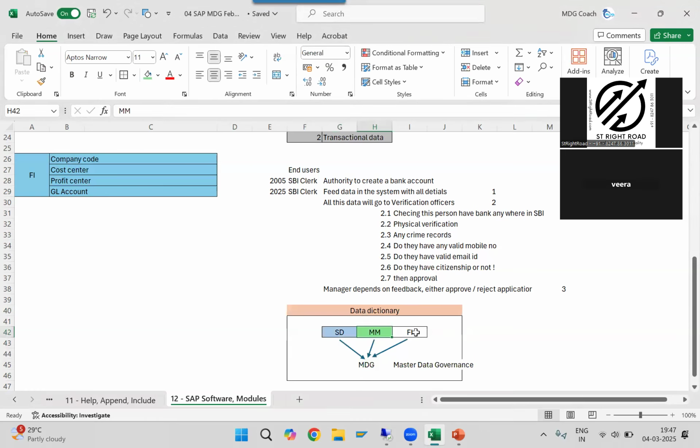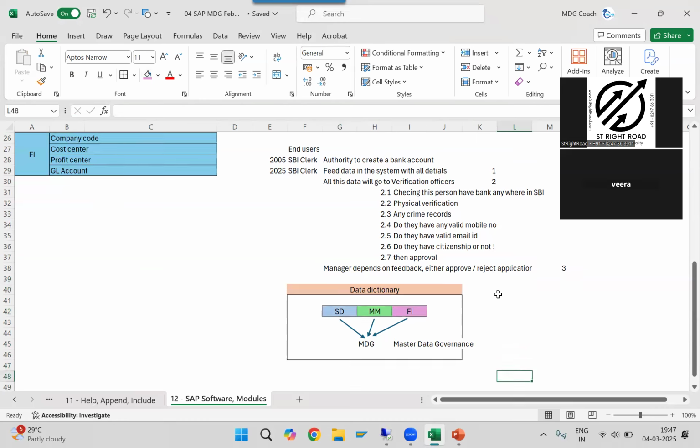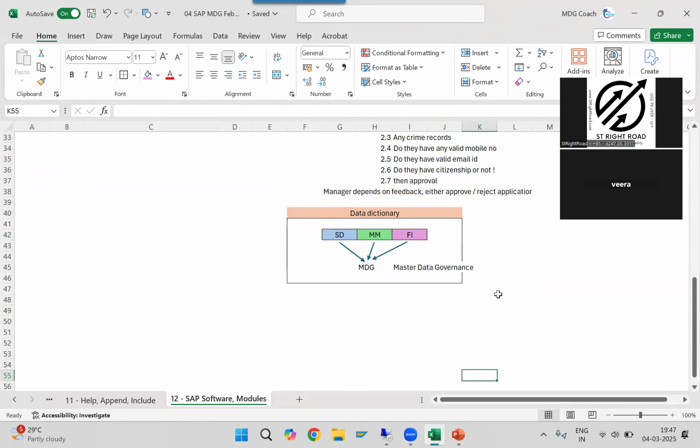Now, coming back to the one step. What are all these modules doing? SD, MM, FI, what do they do? We should know the business process. If you know the business process, then you can enjoy the MDG module.